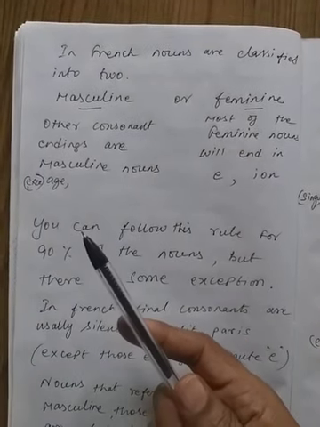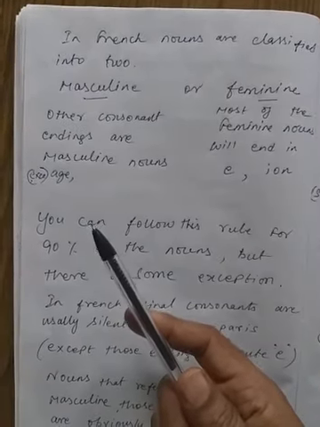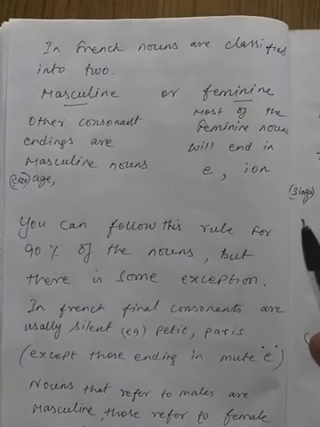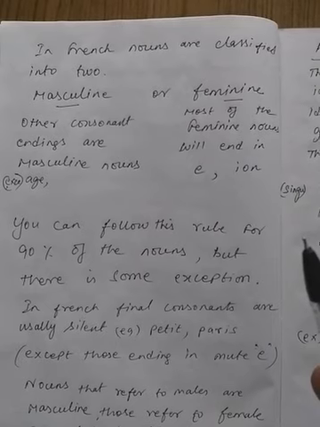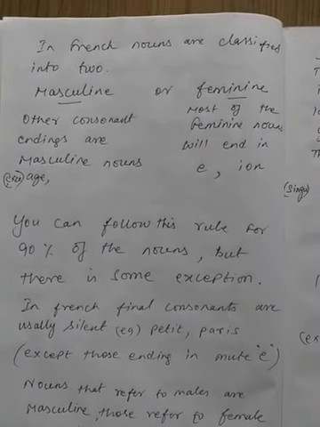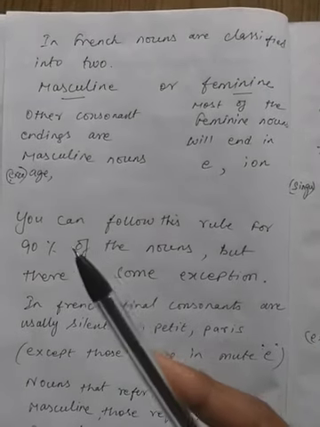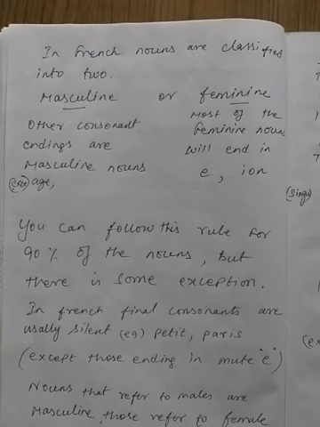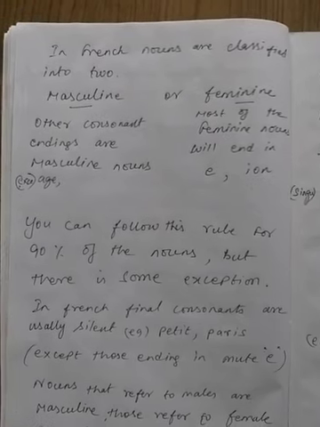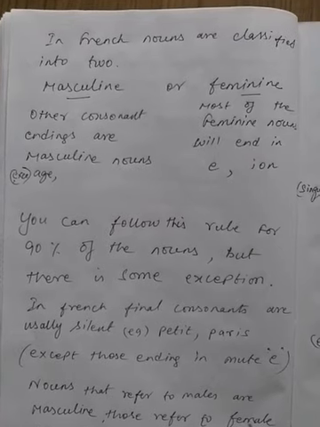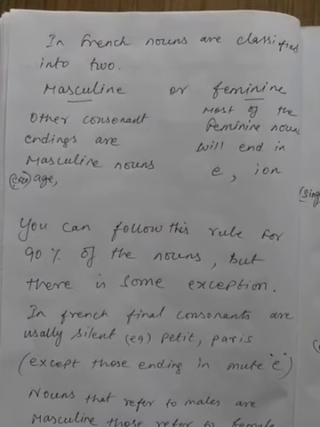Other endings are all masculine nouns. So how to identify: if the ending of the noun is E or ION, it is feminine; others are masculine. This rule applies for only 90%; there are some exceptions. That you have to learn and identify. There is no other way.